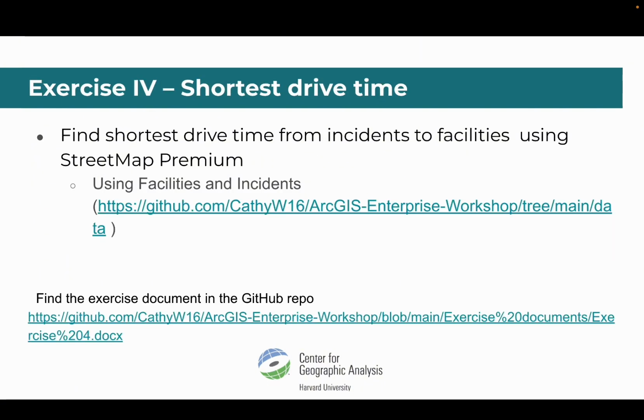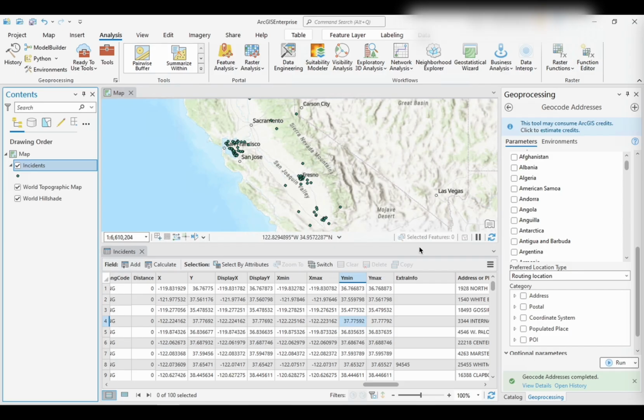Then let's try to calculate shortest drive time. Let's find the shortest drive time from incidents to facilities using StreetMap Premium. And that would be the content for exercise 4. In this exercise, we will use both facilities and incidents data.